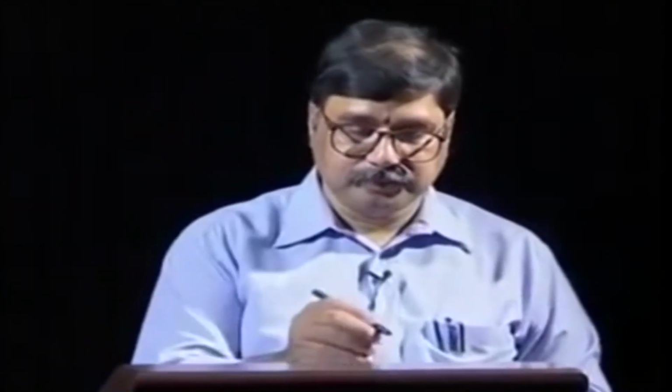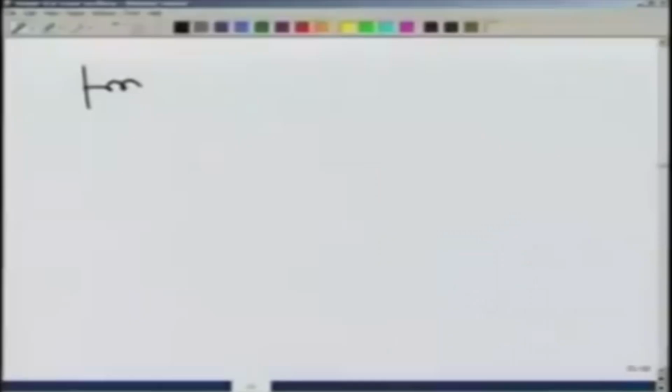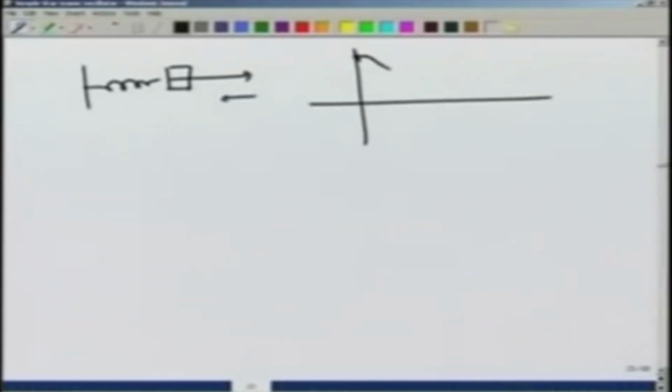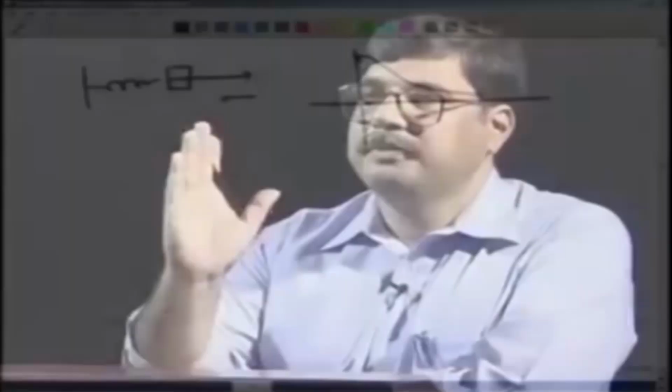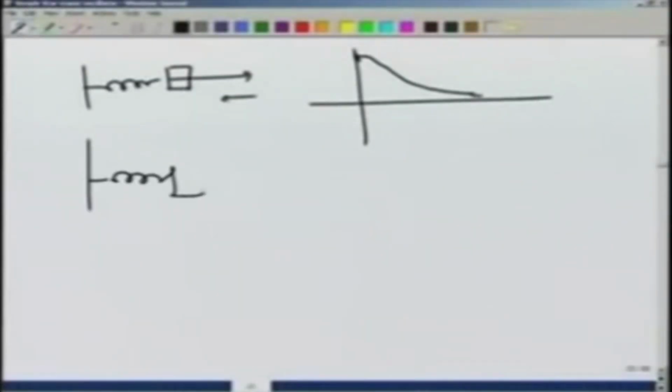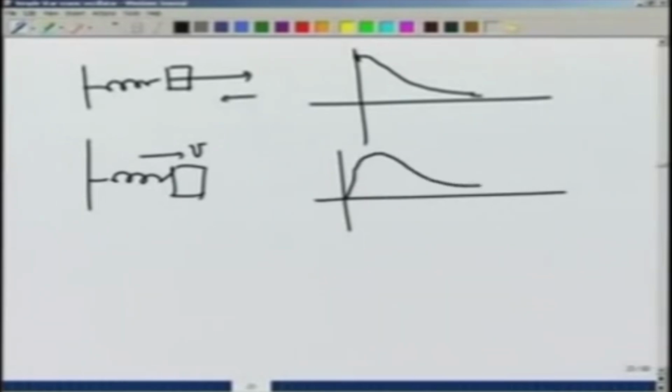Let us summarize this. In the case when I stretched it and let go, X(t) slowly decayed towards 0, that means the mass slowly came towards the equilibrium point. The second case, when I took the mass and gave it an impulse, the mass went out and then again slowly started approaching the equilibrium point.